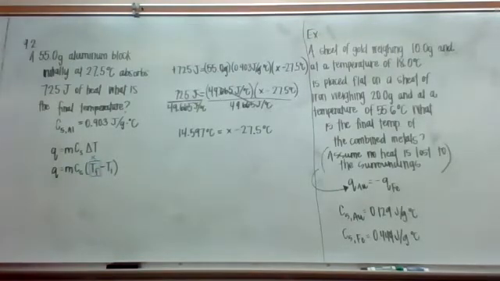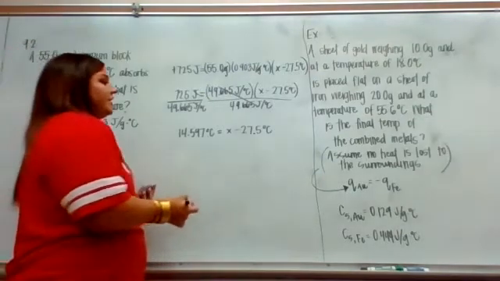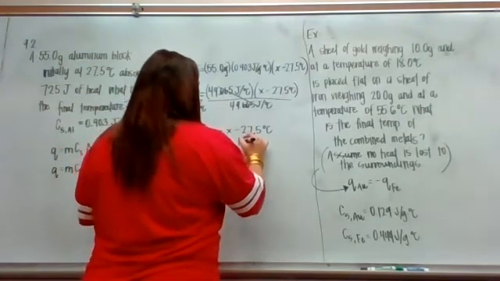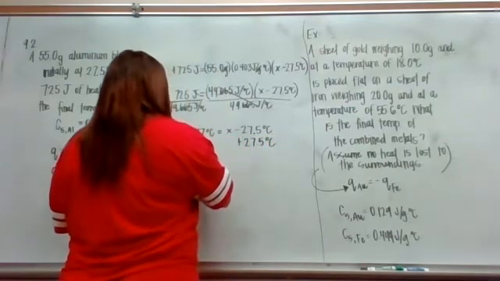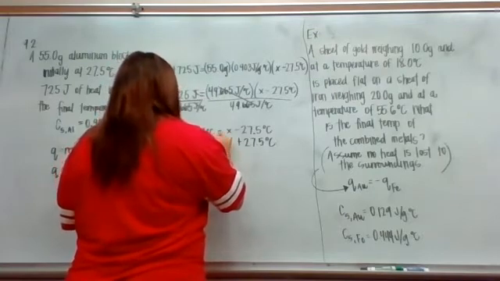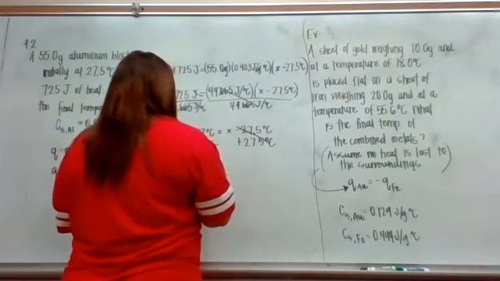Now all I need to do is move the 27.5 to the other side. So to get it there, I'm going to add it to both sides. So it cancels there.